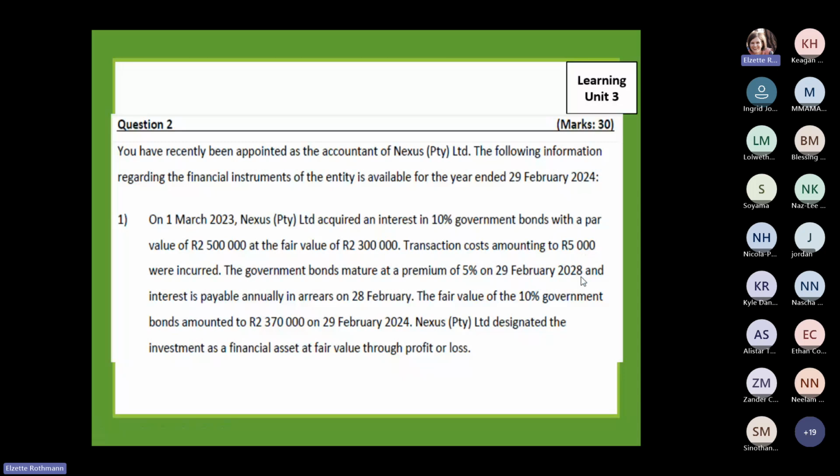So February 2024 is year 1, February 2025 is year 2, February 2026 is year 3, February 2027 is year 4, and February 2028 is year 5. So we have N of 5.